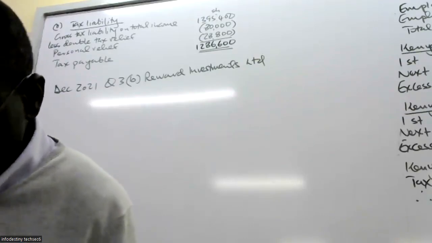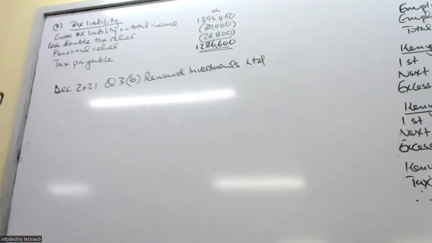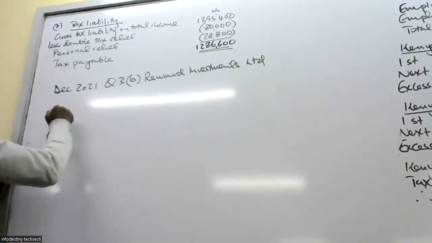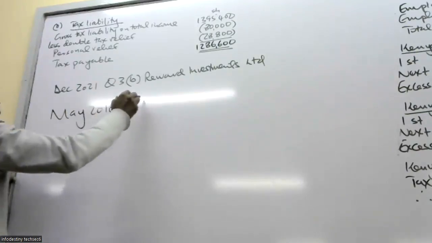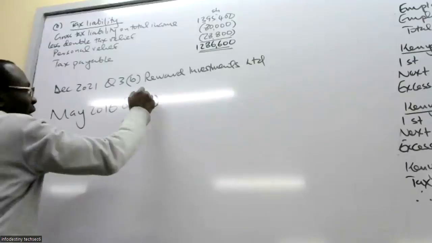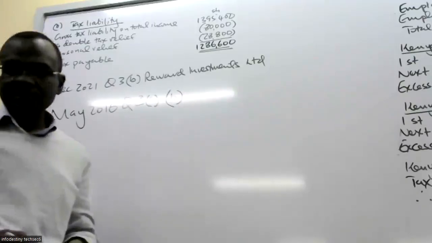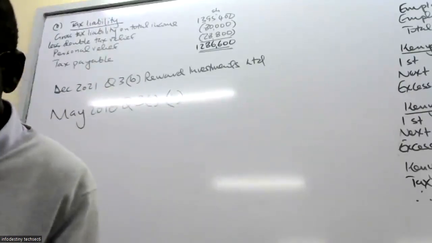Zawadi is May 2016, question 3. We shall be looking at 3A and B. We look at tax information exchange agreements, which are supposed to be part of cross-border.